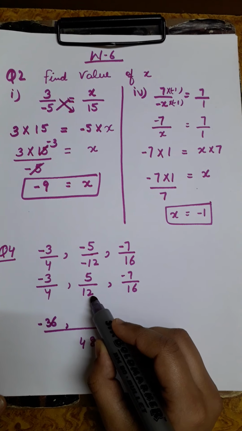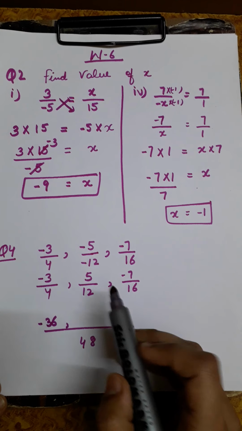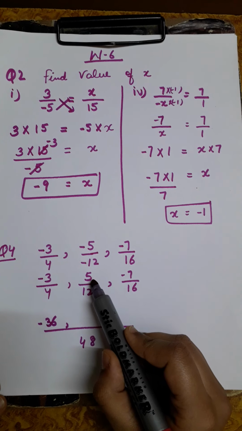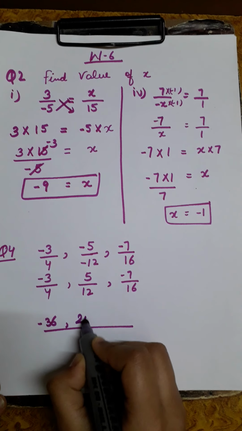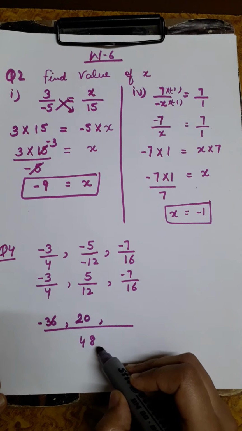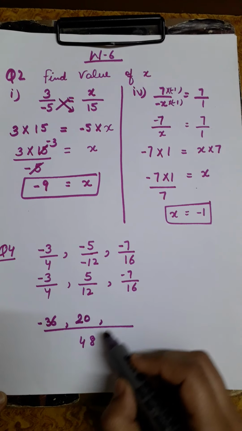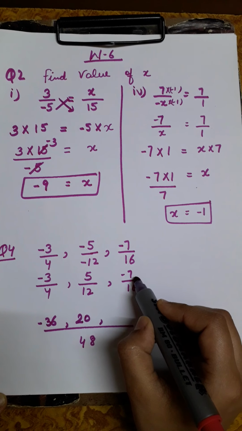What number should be multiplied with 12 to make it 48? 12 4s are 48. And the same number has to be multiplied in the numerator also. So 5 4s are 20. And for the third number, 16 multiply 3 is equal to 48. Since the denominator is multiplied with 3, the numerator will also be multiplied with 3.